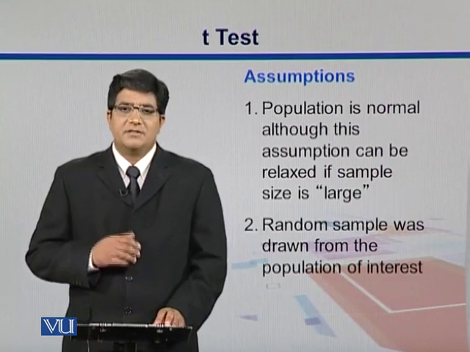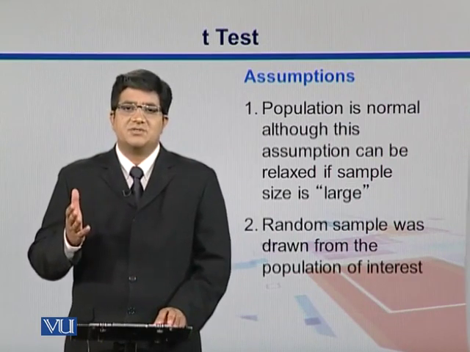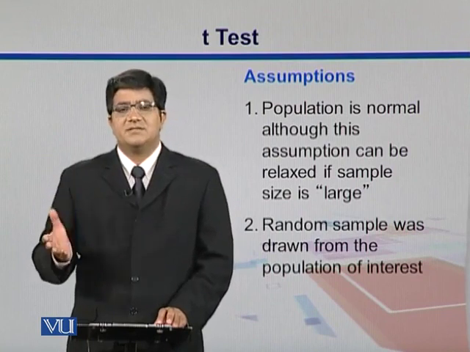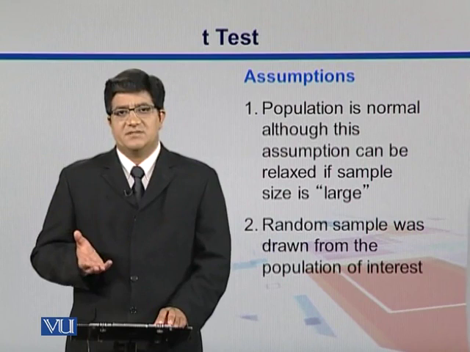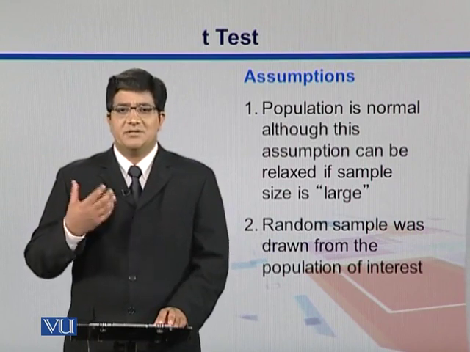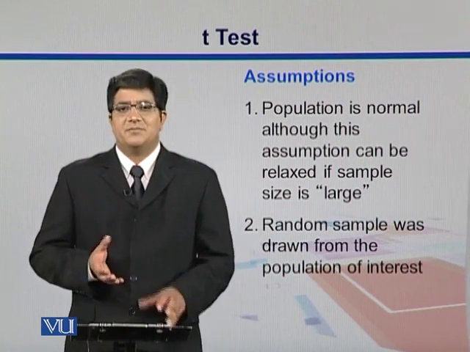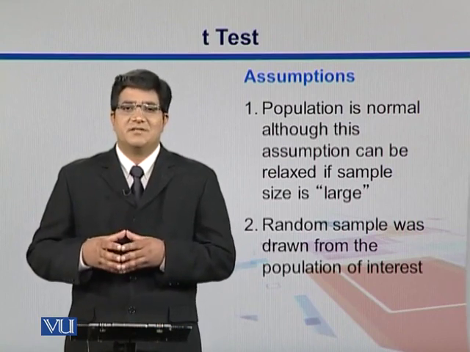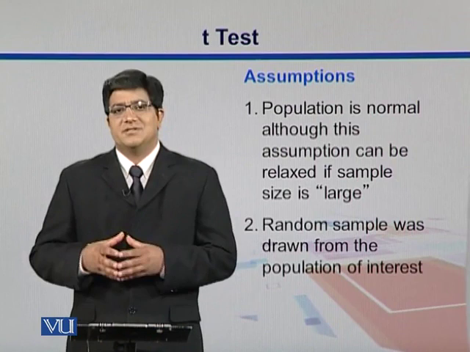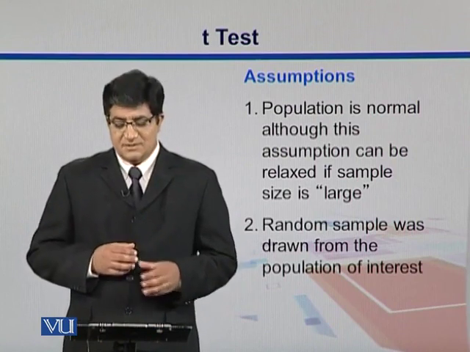Why he adopted the name Student is an interesting story. He was working in an industry and found some issues with the z-distribution. He wanted to introduce his own distribution, but the company never wanted him to publish his work. So he published his work under the name Student. That's why this distribution is called the Student distribution.